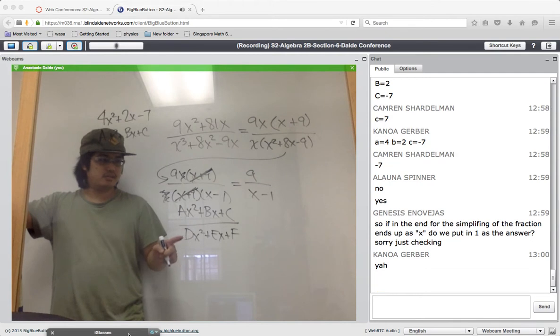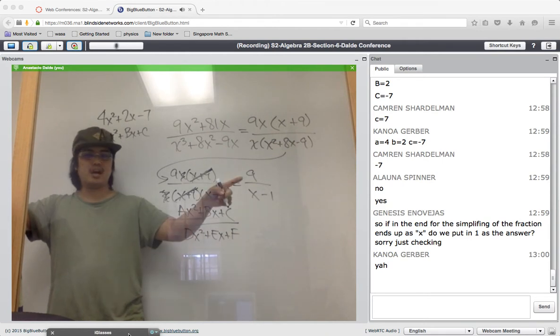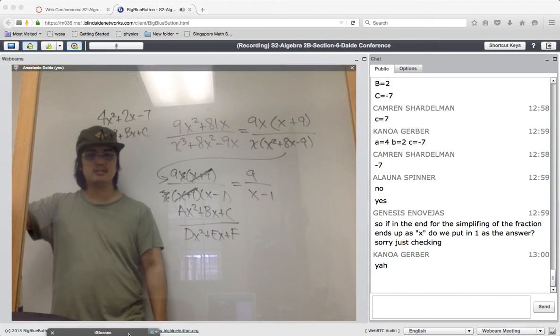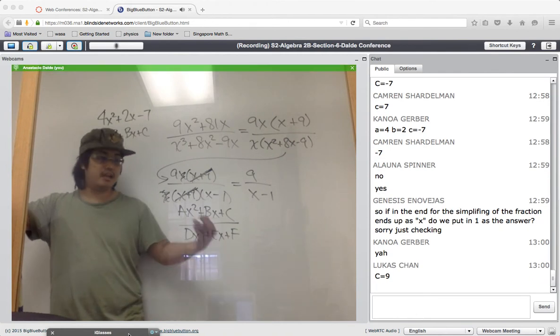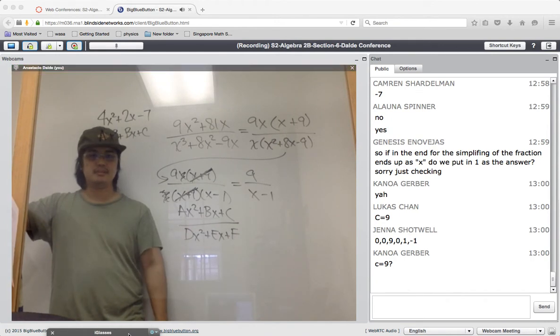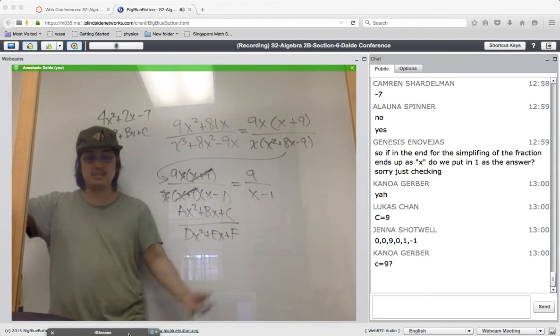Now, how does that translate to this over here? Well, how do I indicate just the straight up number 9 in the ABC format? C is 9, A and B are 0, right? A is 0, B is 0, C is 9. That's it. And then how do I indicate x minus 1 in the DEF format, which is just like the ABC format.